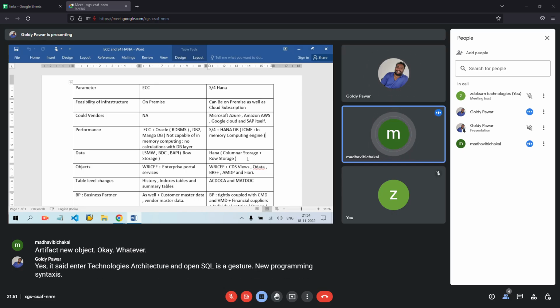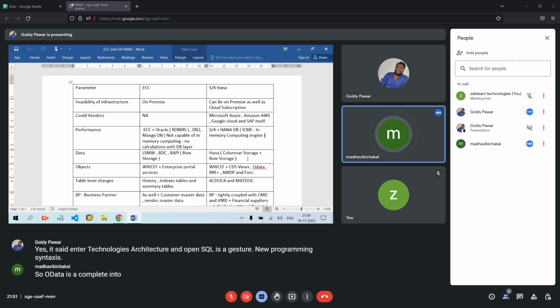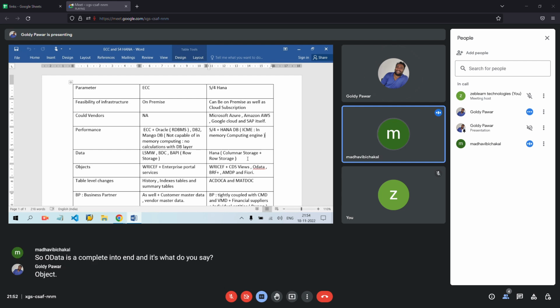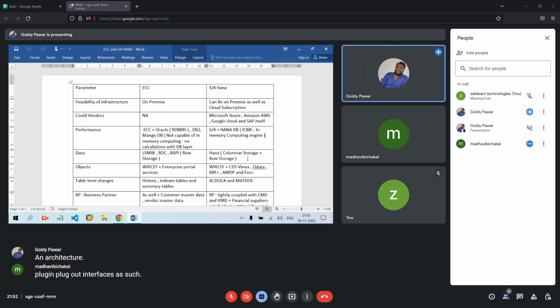So OData is a complete end-to-end architecture that we can create. Is it interfaceable with any plugin, plug-out interfaces as such? No, OData doesn't need any plugin or plug-outs.